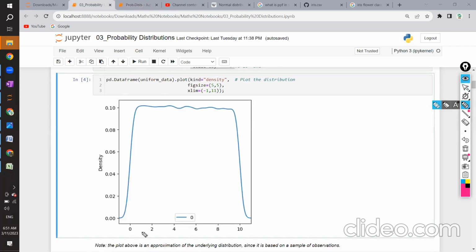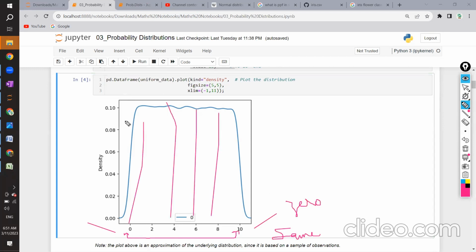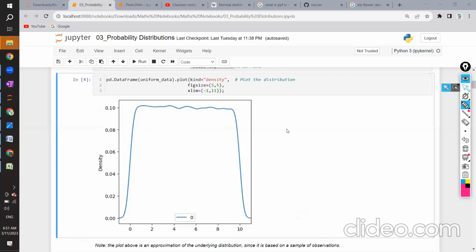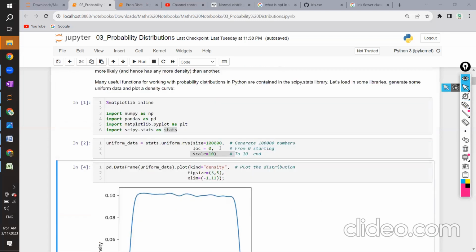If you are given a range from 0 to 10, the probability for each and every value between this will be the same, and anything outside this will be 0. That's why each and every value is at the same height, same y level. The probability is almost 0.1 only. This type of distribution is called a uniform distribution.